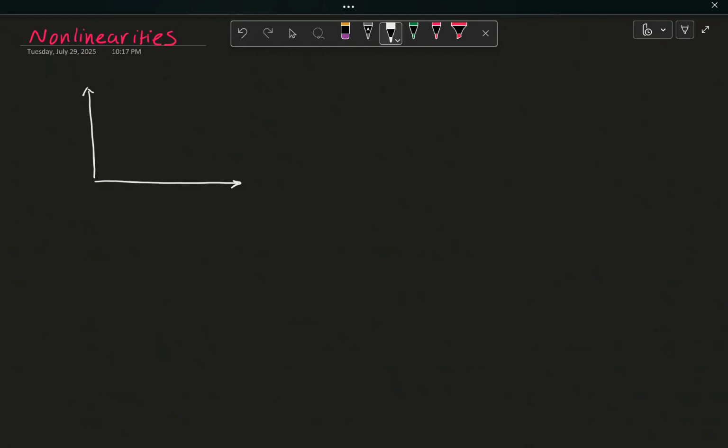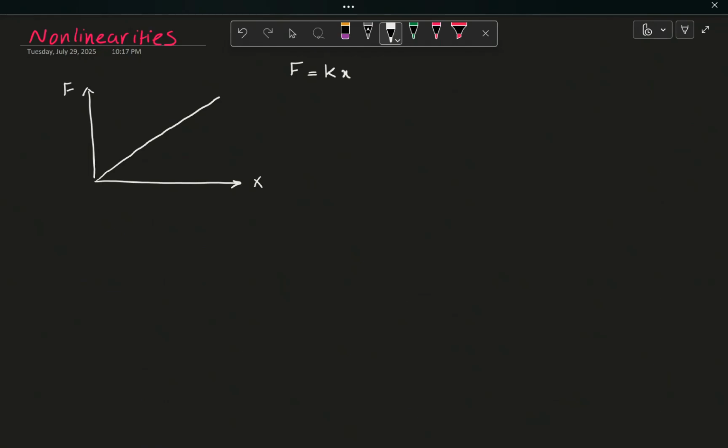For instance, linear springs: if you look at the governing equation as F equals Kx or delta x, and you plot F versus x, this is going to be a straight line passing through the origin, and the slope of this line is the stiffness of the spring.